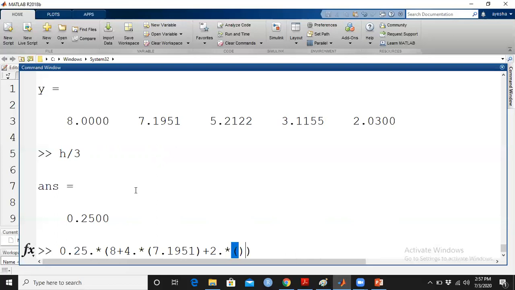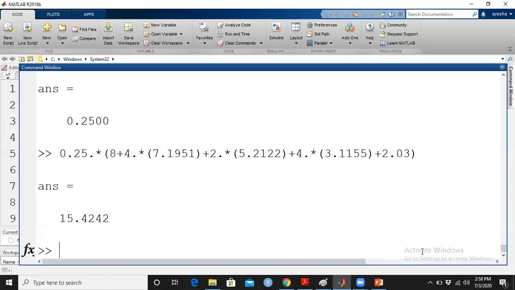Currently, because you are learning the method for the very first time, let me make sure: f of a plus 4 times f of a plus h plus 2 times f of a plus 2h plus 4 times f of a plus 3h plus f of b. And let us see what we get.